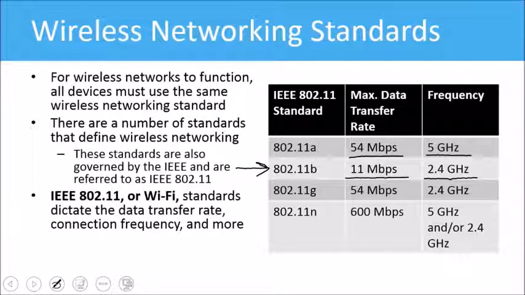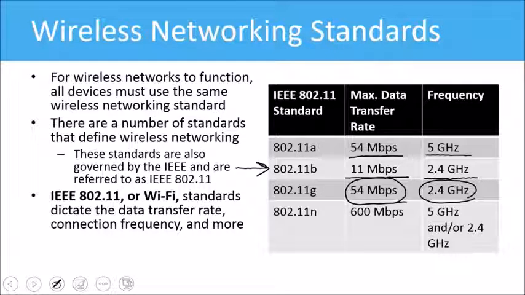So I like to think of G as being a child of A and B. If we go back to the screen here, you'll see I always think of G as inheriting 54 megabits per second from A, whereas it inherits 2.4 from B. So while B is slow and low, A is fast and high, and so G is fast and low. If A and B were parents, they would pass along those traits to G.